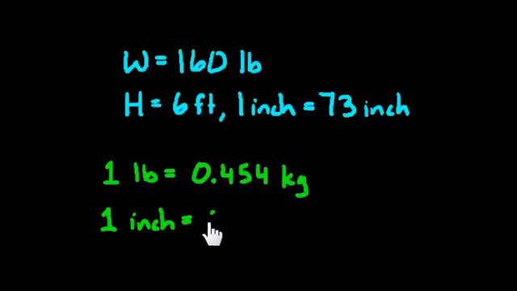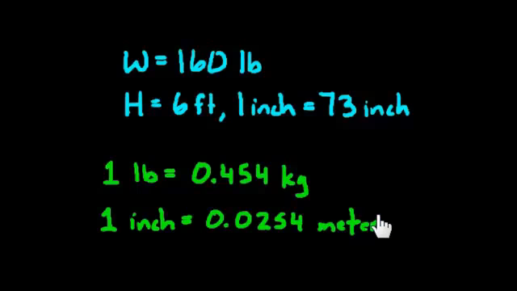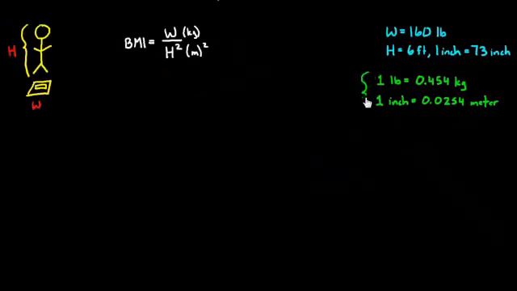And so it's 0.0254 meters. So now I've got my conversions, and actually what I can do is I can take these numbers and plug them in here to help me easily convert from kilos and meters over to pounds and inches, make my equation much simpler for me to use.